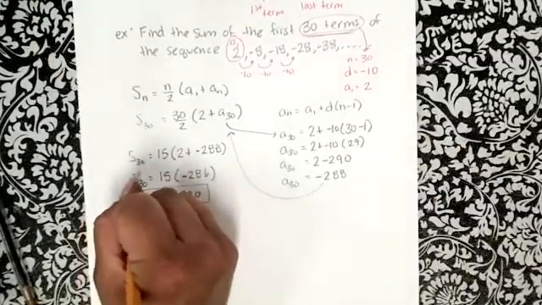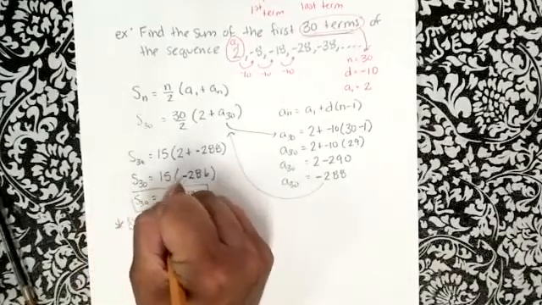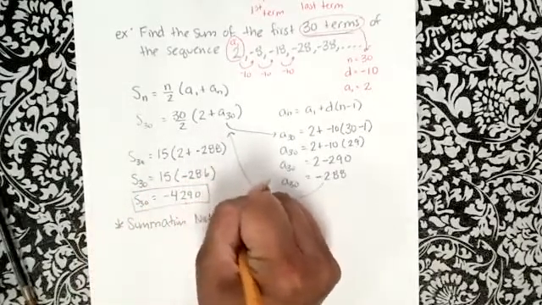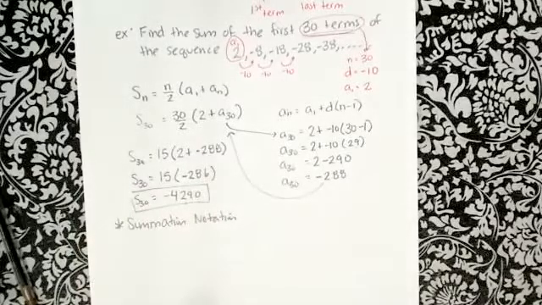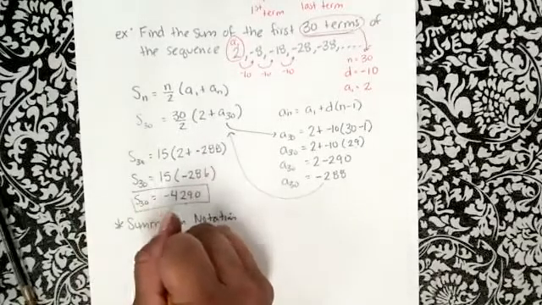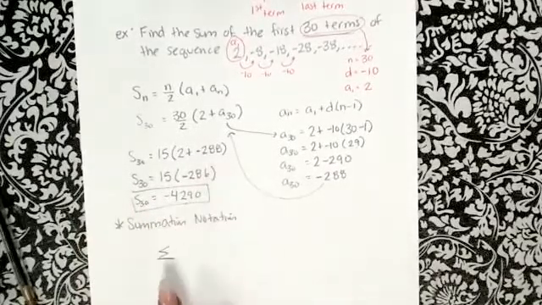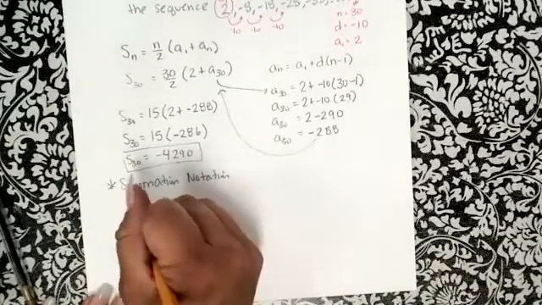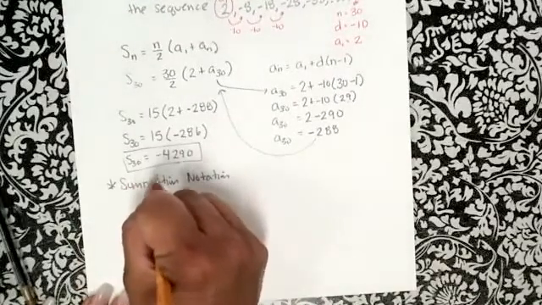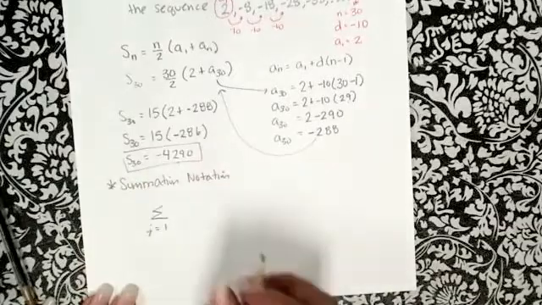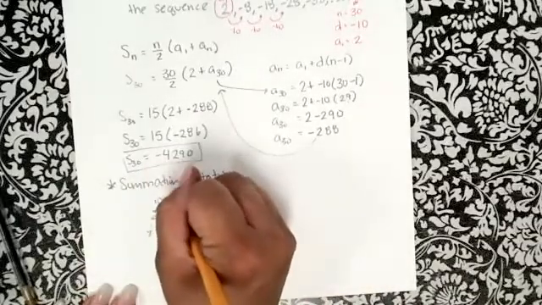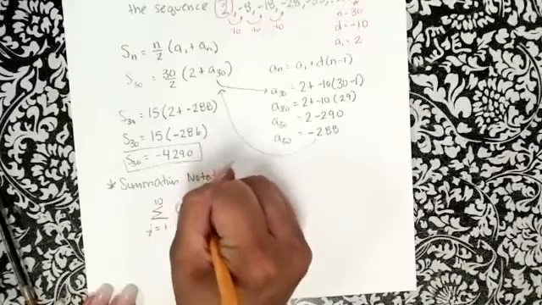Summation notation. On summation notation, this is called the summation symbol. Now, the number on the bottom is going to be where you start at. The number on the top is going to be the number you end at. And then it's going to have the equation right here.